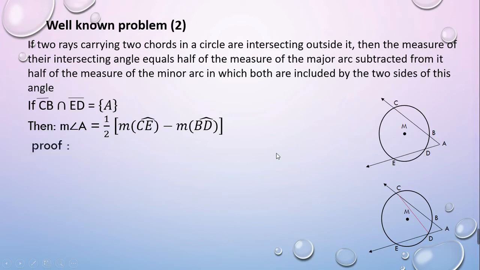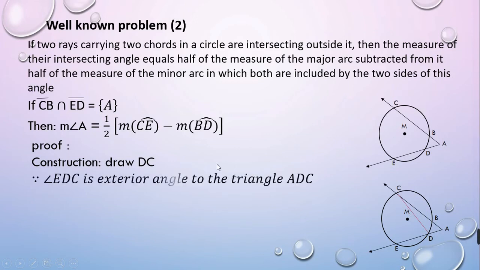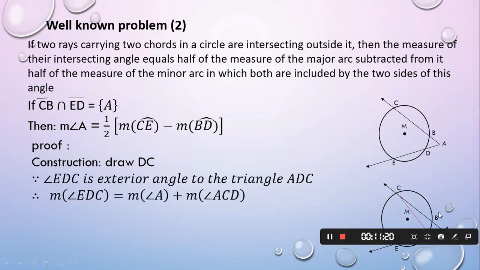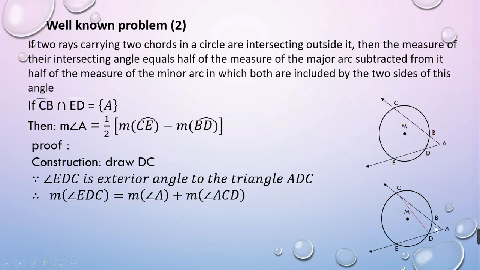And to prove this, I will draw a construction DC. Since angle EDC is an exterior angle of triangle ADC, the measure of the angle ADC equals measure of angle A plus measure of angle ACD.